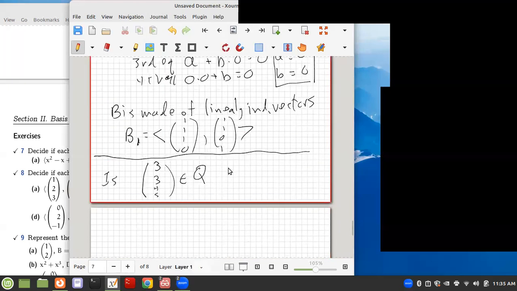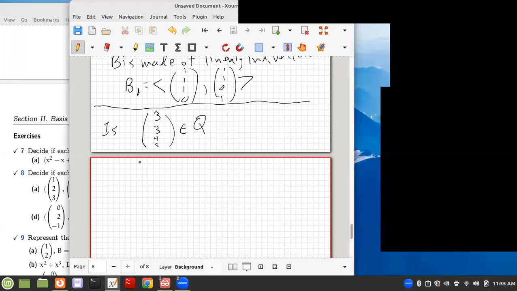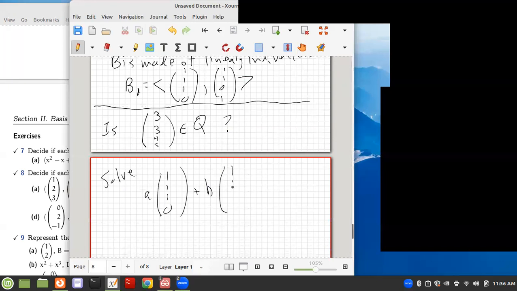So to answer this question, we have to solve the linear system A times 1, 1, 1, 0 plus B times 1, 1, 0, 1 equals 3, 3, 4, 5. Now, if we can find a solution, it's in Q. If there's no solution, then it is not in Q.